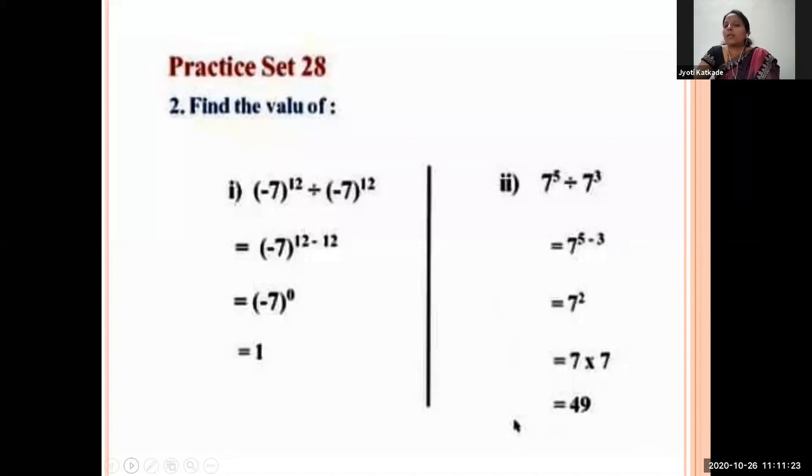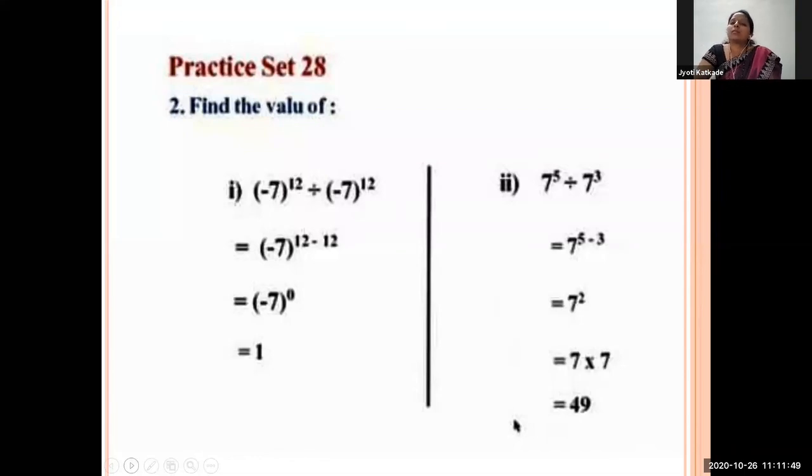And we have to find the value according to this question. So 7 into 7, which is the square of 7. 7 7s are 49. So the answer we get is 49. Always keep it in mind. You can use this rule, subtraction of the power when the base is the same. The base is always the same there.